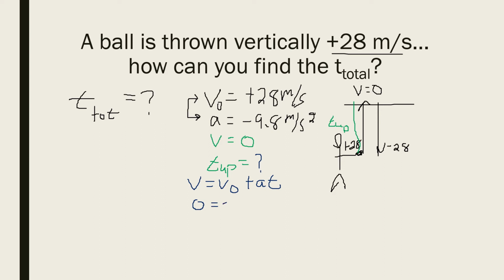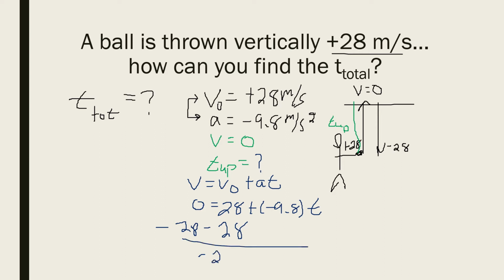0 equals 28 plus negative 9.8 t. Now, it doesn't matter if you label this t up in the equation, honestly. All that matters is you understand what you're solving for at the end. So this would be negative 28 equals negative 9.8 t.